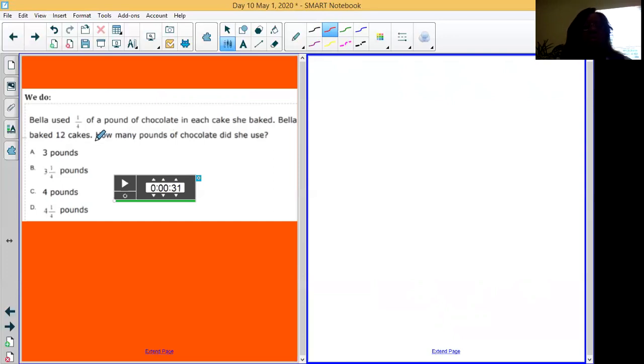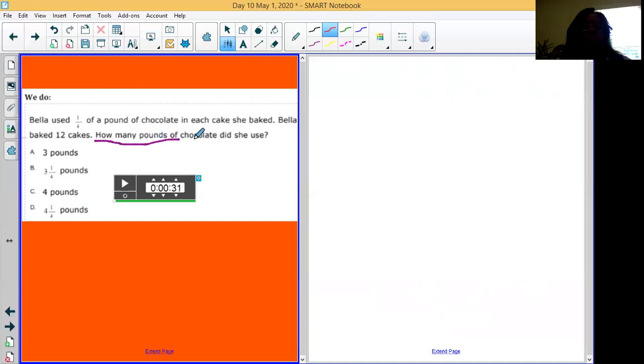You should have underlined how many pounds of chocolate did she use. You should have circled, she used 1/4 for each cake. So one cake takes 1/4 pound of chocolate, but she wants to bake 12 cakes. Okay. Your job is to figure out how many pounds of chocolate did she use after baking those 12 cakes.